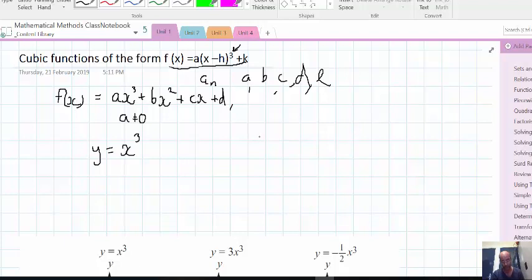When we've got it in this form, if you had something like y = 1(x − 1)³ + 3, just to use an example, we know that that would be translated 1 to the right and 3 up.